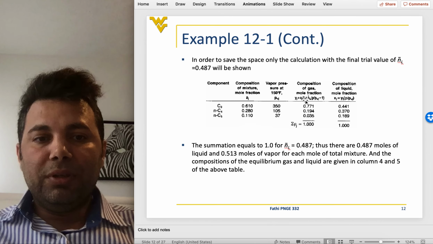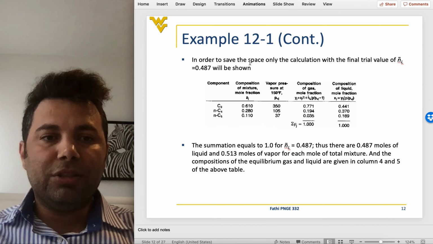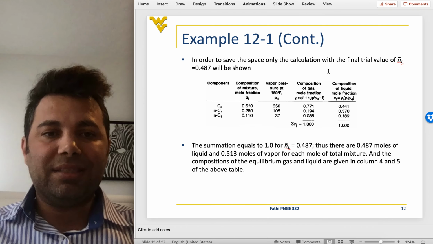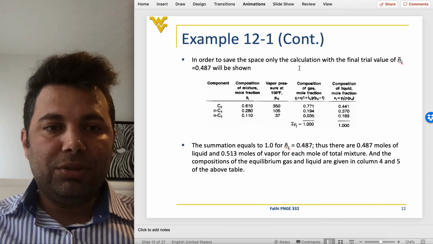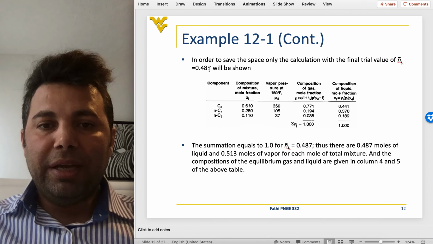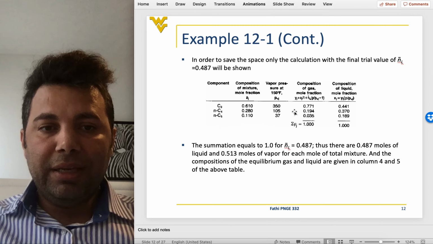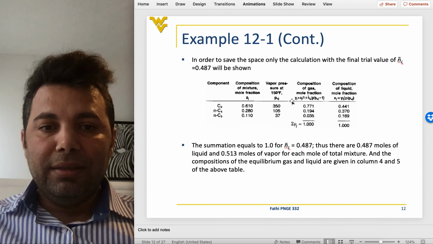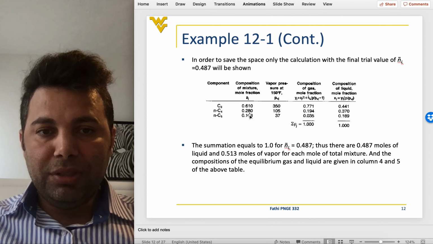So here, for the first guess, it's just showing you the last iteration. It says in order to save time, we just show the last trial. So if you assume NL to be 0.487, then the components are given, the mole fraction in the mixture is given.